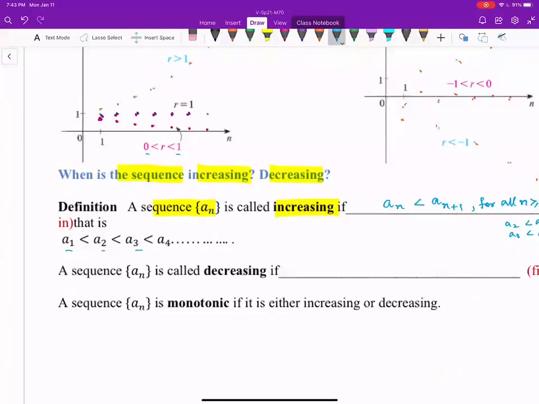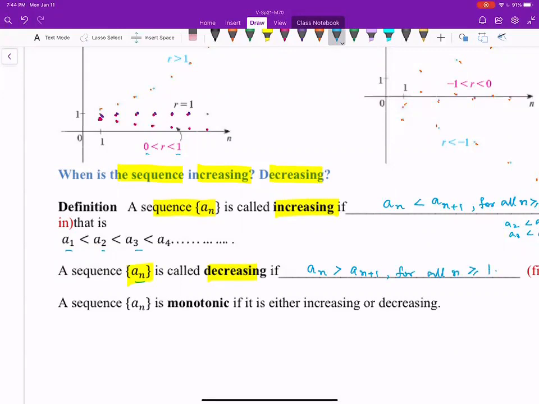The sequence a sub n is called decreasing if a sub n is more than a sub n plus 1 for all n more than or equal to 1.